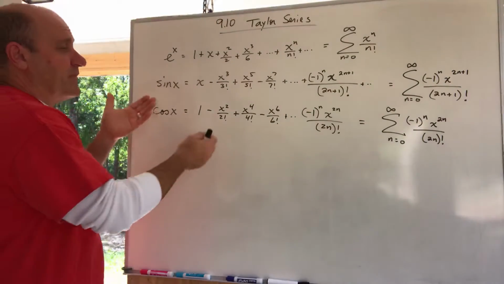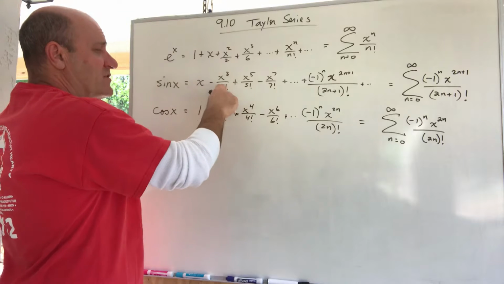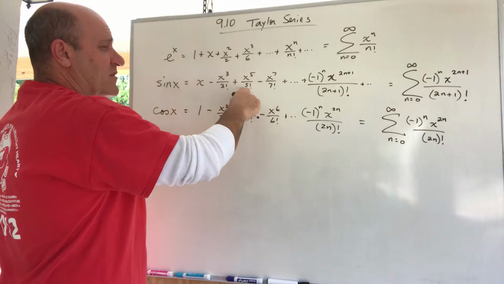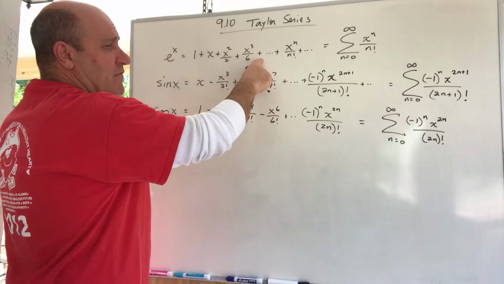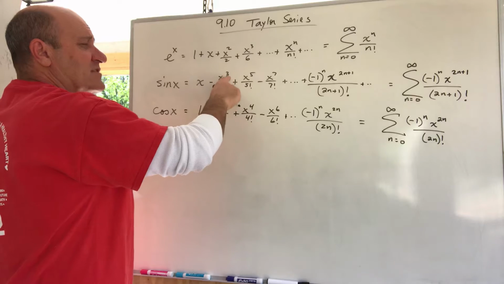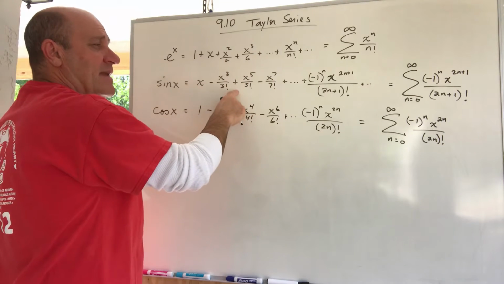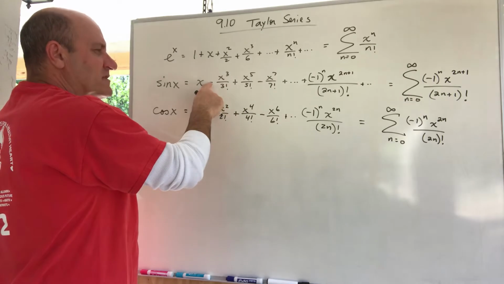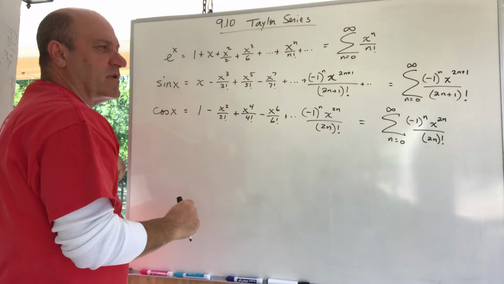Sine x is this. x minus x cubed over 3 factorial plus x to the 5th over 5 factorial. It's a lot like this. This was a 3 factorial and a 4 factorial. But hold on, the sine just has the odd ones, not the even ones. And the sign alternates, minus, plus, where the e to the x just stays plus, plus, plus.